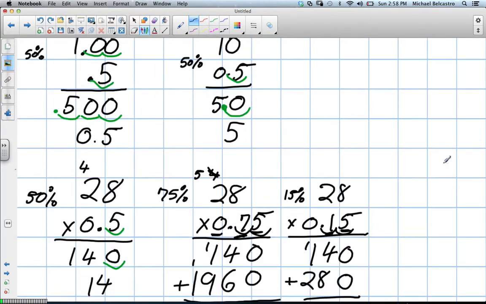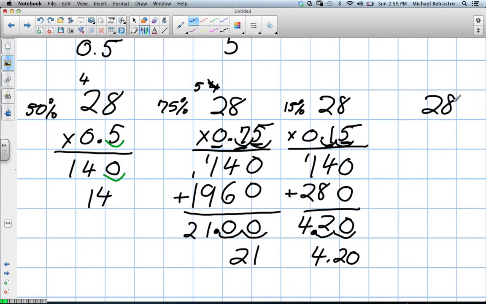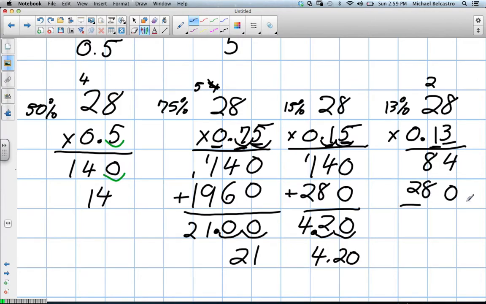And then today's tax in Ontario. This one's a little different. 13% as a decimal is 0.13. We multiply. 3 times 8, 24. Carry the 2. 3 times 2, 6, plus 2. Now we put down the 0. 1 times 8, we add. 4, that is 16. 3.